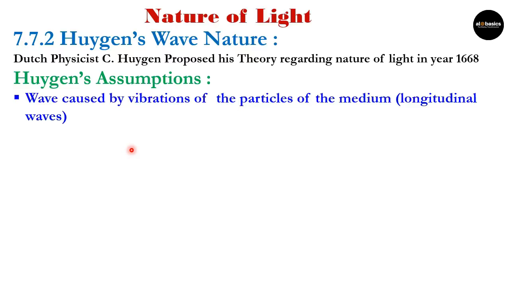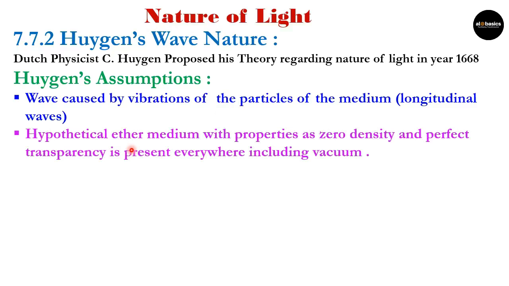We know that from the sun we get light on earth, and when light is traveling from sun to earth, it is traveling a long distance, so naturally there might be some medium. For that purpose he considered that there is a hypothetical ether medium. The name given to that medium by him is ether medium.